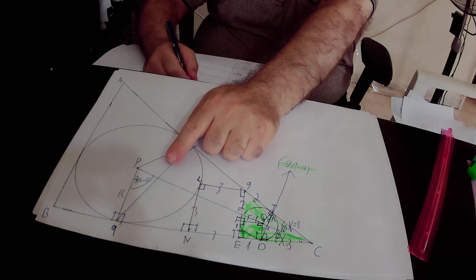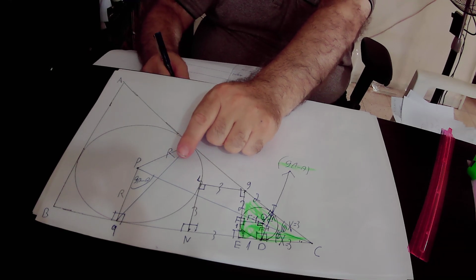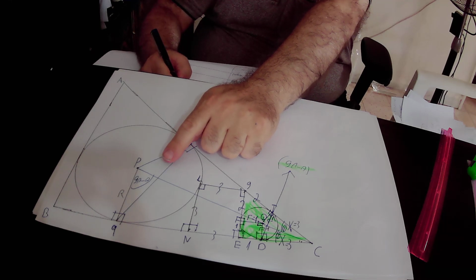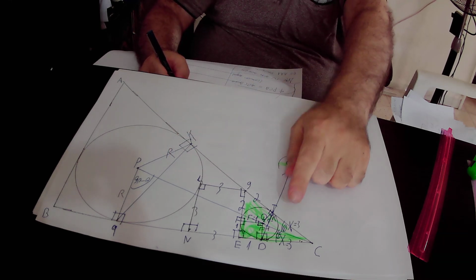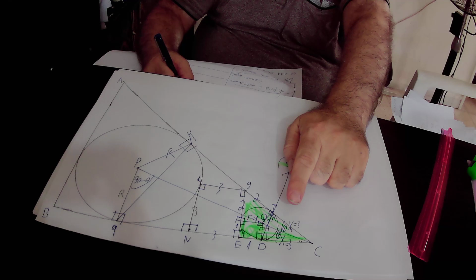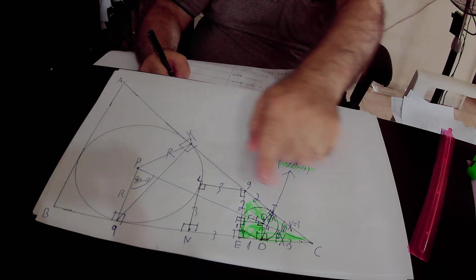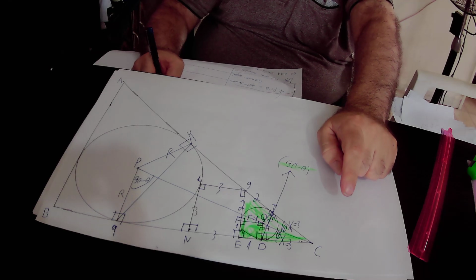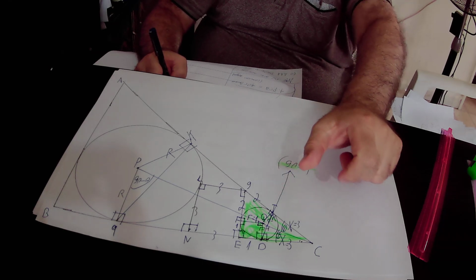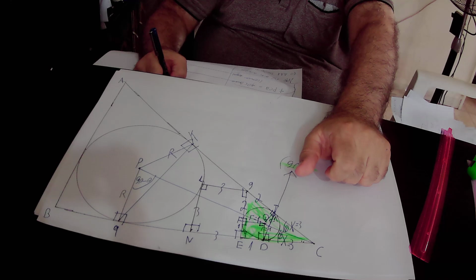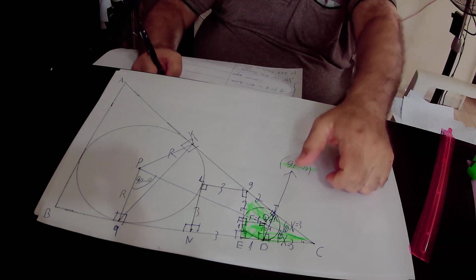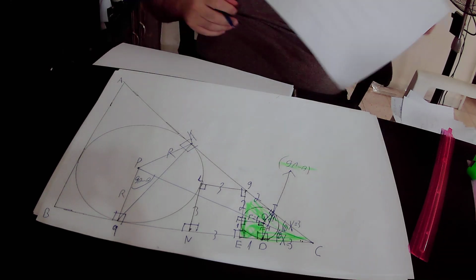We conclude that PQ in the big right triangle over OD in the small green right triangle is equal to QC in the big right triangle over DC in the small green right triangle. I'll repeat again.